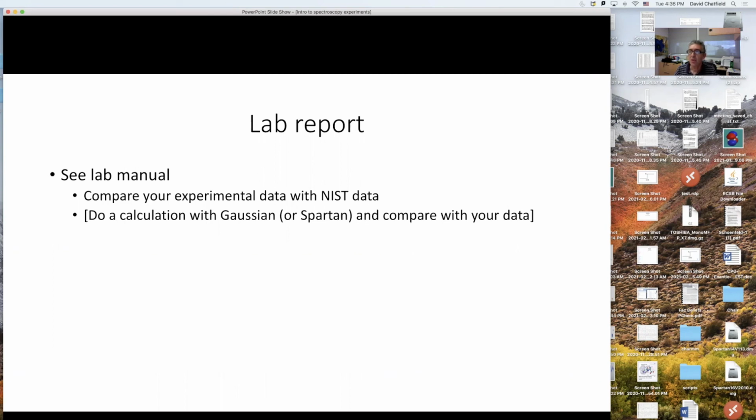From those, you can even determine the moment of inertia and then the equilibrium bond length. You'll compare all of your data with NIST data. In some years, we've asked people to do Gaussian or Spartan calculations, because you can calculate the frequency and the equilibrium bond lengths with these programs. You've done that before. This year, I'm not asking you to do that, but everything else you are being asked to do.